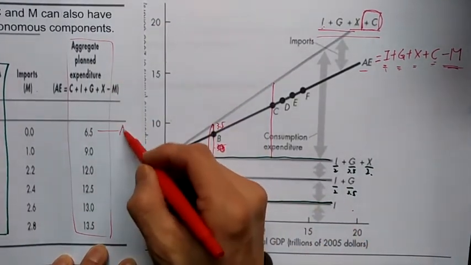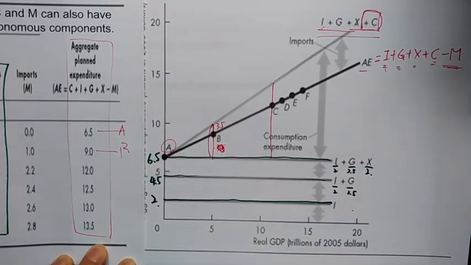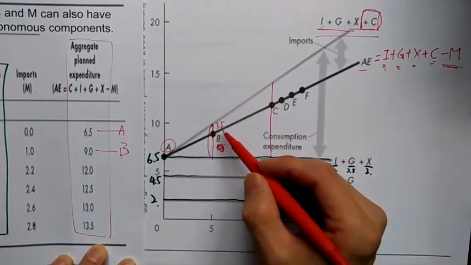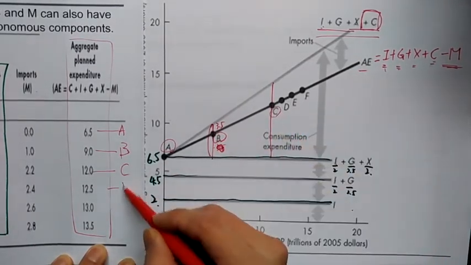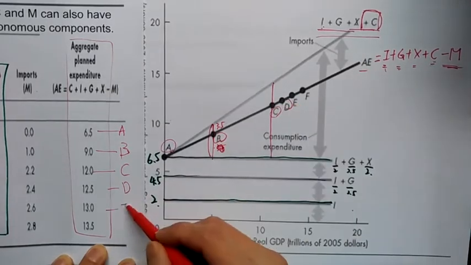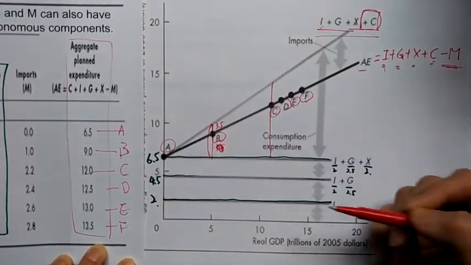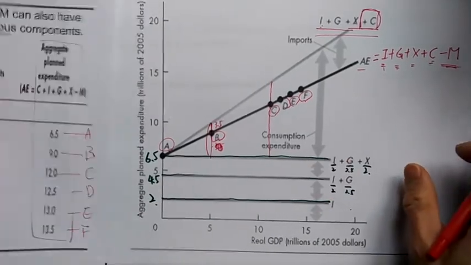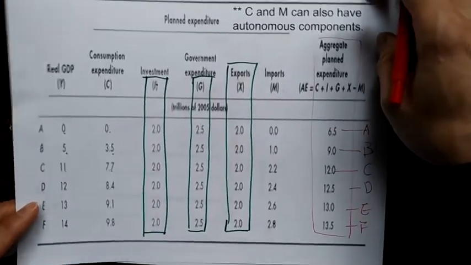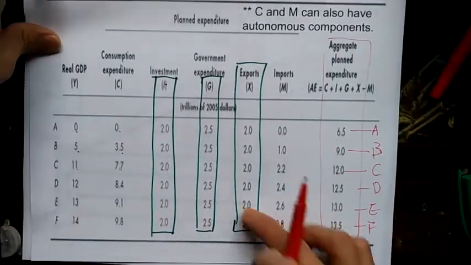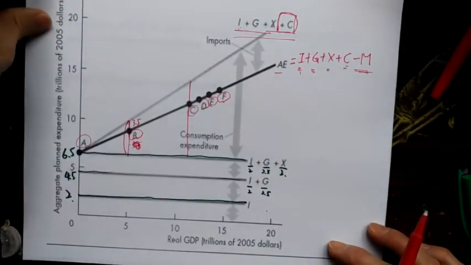So this is point A, this is point B, this is point C, D, E, F. So when you draw the aggregate expenditure function from this table, this is exactly what you get.